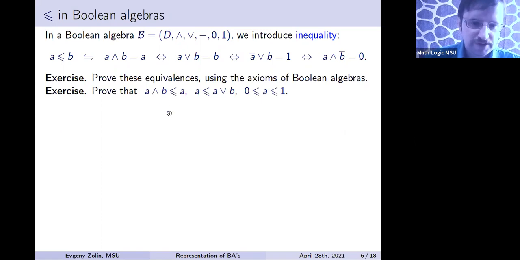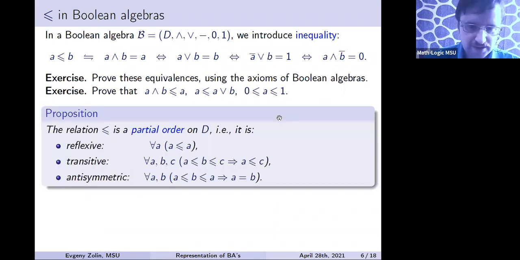And moreover, the conjunction and disjunction behave nicely with respect to this order. The conjunction A and B is less than or equal to A and to B, of course. The disjunction is bigger than A and bigger than B, and every element is between 0 and 1. So 1 is the maximal element with respect to this order.